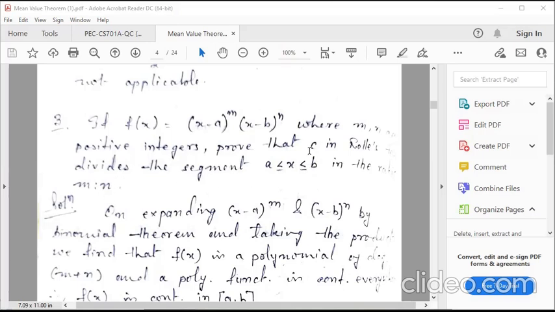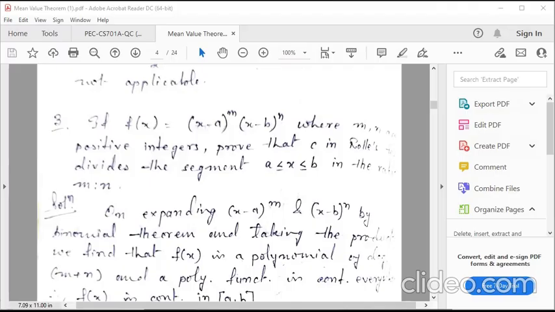So before finding C, the function must satisfy the conditions of Rolle's theorem, right? So what are the conditions? Okay, let me go to the whiteboard.